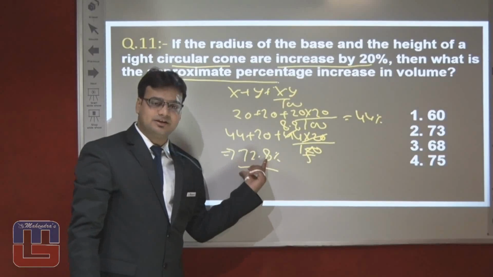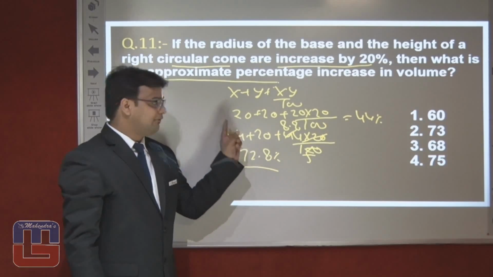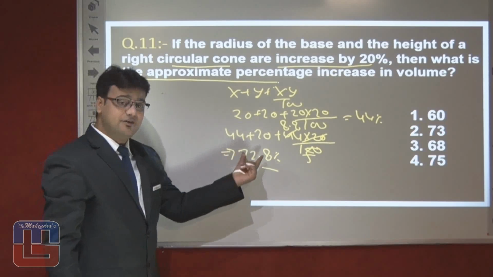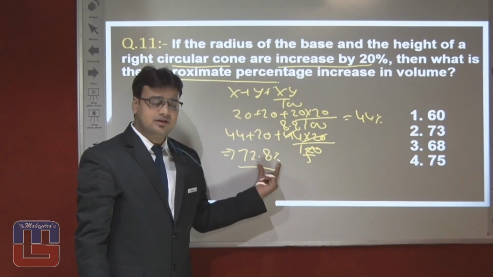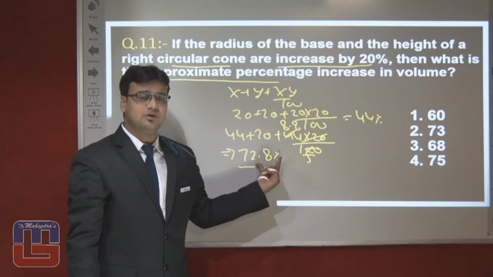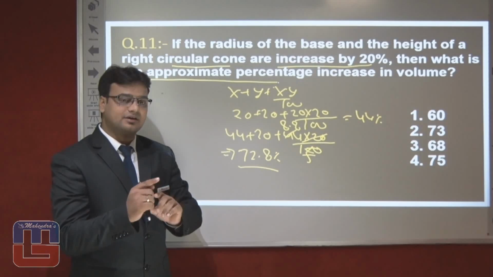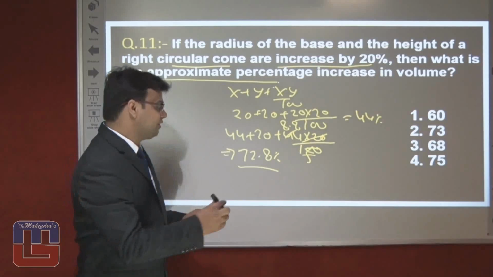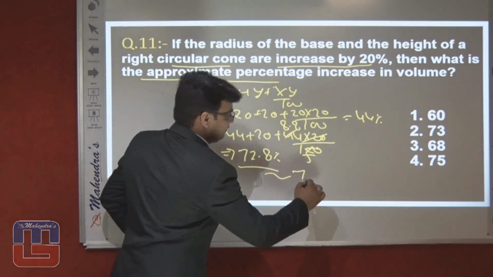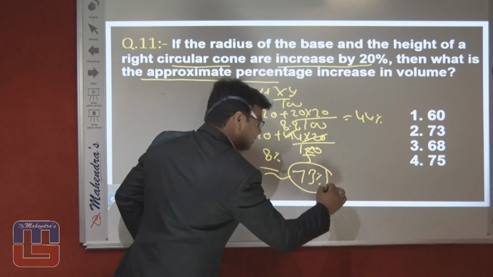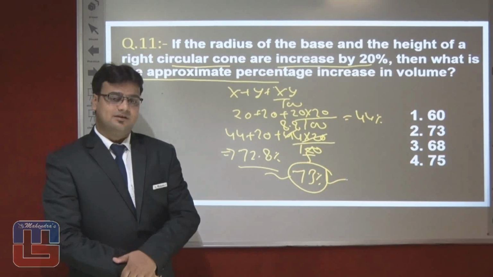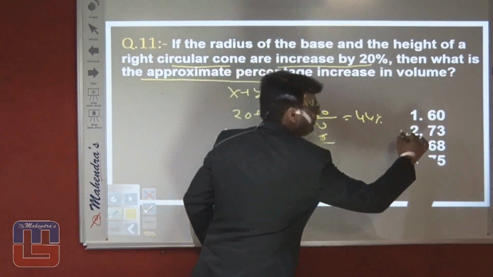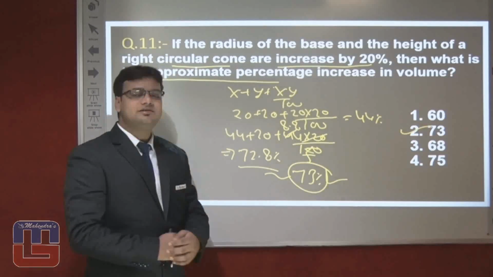The exact value is 72.8, but we require the approximate value. If we get 72.3, then we assume the approximate value is 72. But in the case of 72.5 or more than 72.5, we use 73% approx. That means our correct answer is 73. Check in which option 73 is correct. We find it in the second option, so our correct answer is second.